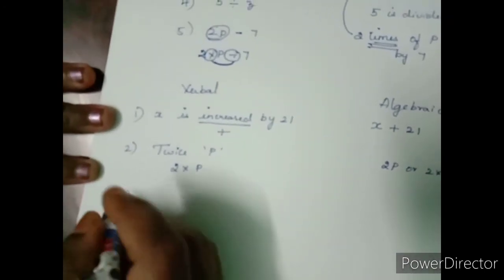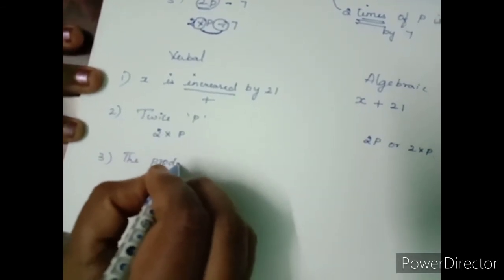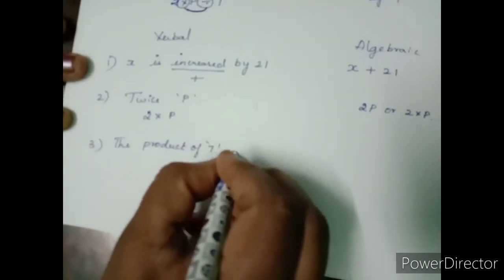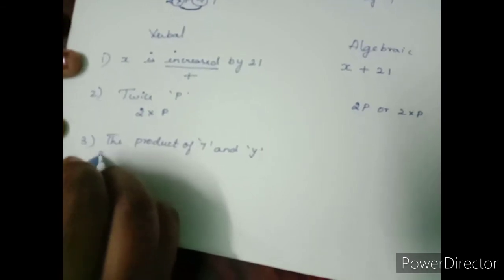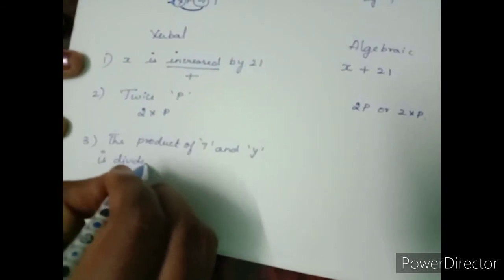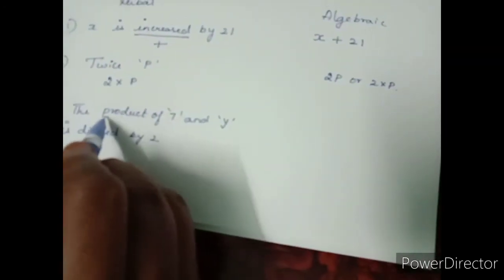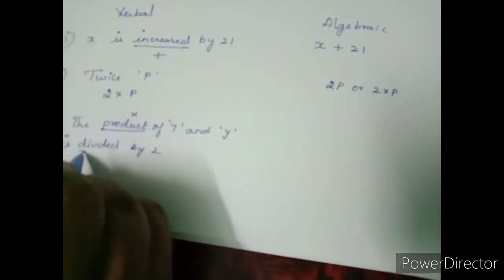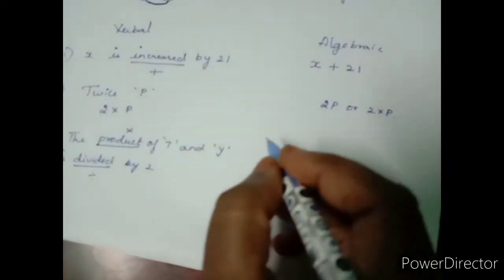See the next one. The product of 7 and y is divided by 2. See, we have given two operations, product, that is multiplication, and divided, that is division. So what I said, times we have to use.